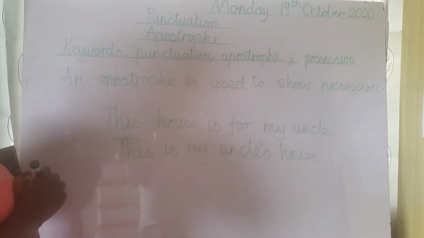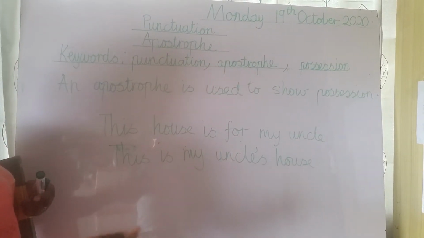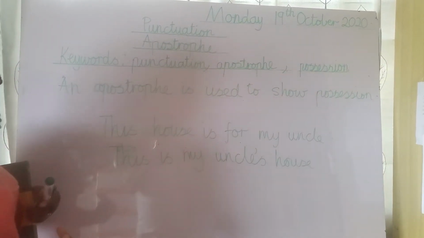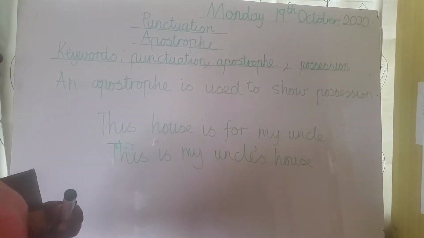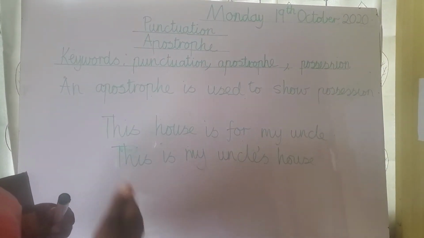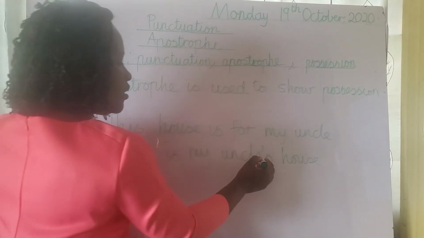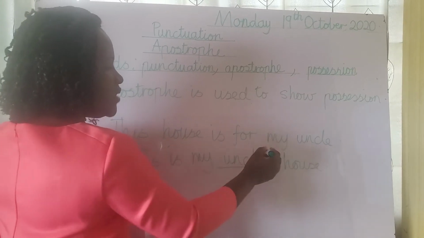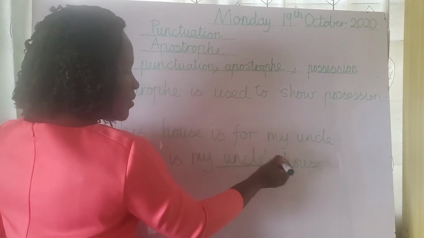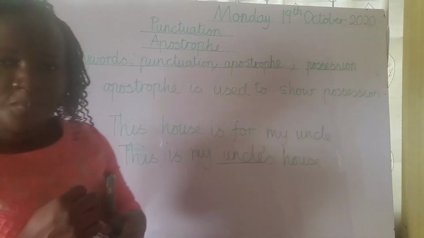So always remember that the apostrophe comes first and then the S follows. The apostrophe comes after the name, or after the noun, and then the S follows. So this is my uncle. Uncle first of all, then your apostrophe will come, then the S. And that shows possession.